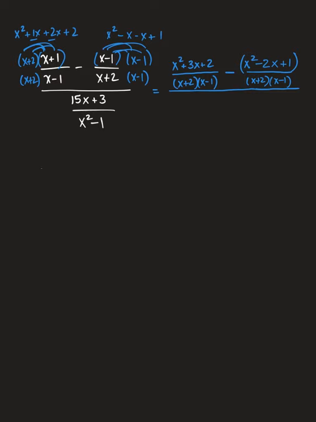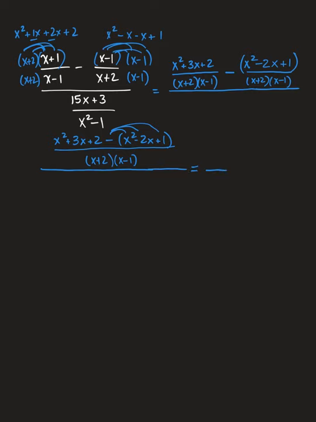And so I'm going to write this out as x squared plus 3x plus 2, take away x squared minus 2x plus 1 all over the common denominator x plus 2, x minus 1. Some people will skip this step and they'll go straight to distributing this minus. I like to write out all my steps here.